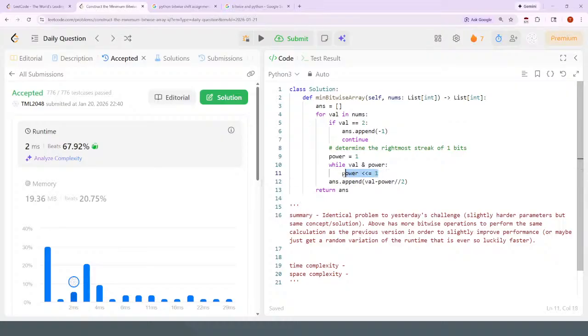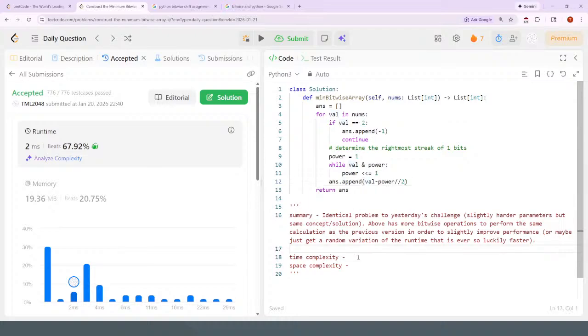Once you find where it is matching with a 0 in the value, then technically it needs to be divided by 2 and then subtracted from the value.